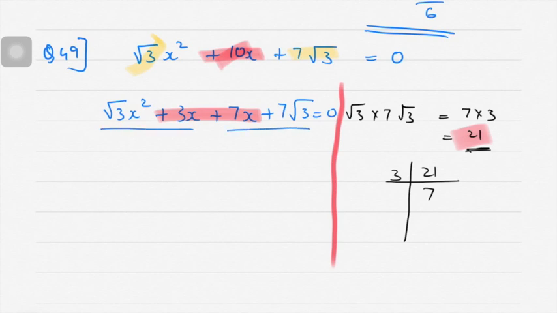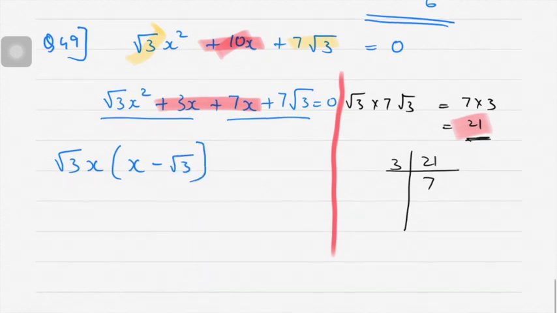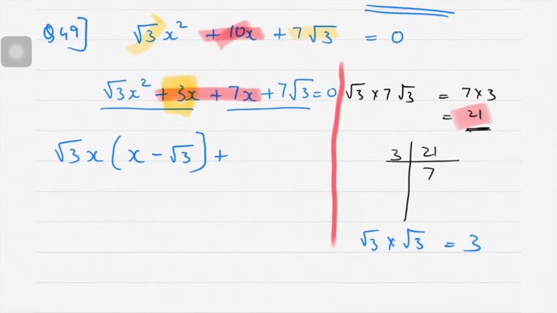Now I'll take the common term out. Root 3 is common, and x is common. What is remaining is x plus root 3, correct? Root 3 into root 3 is 3, right? So from this 3, I have taken root 3 out.